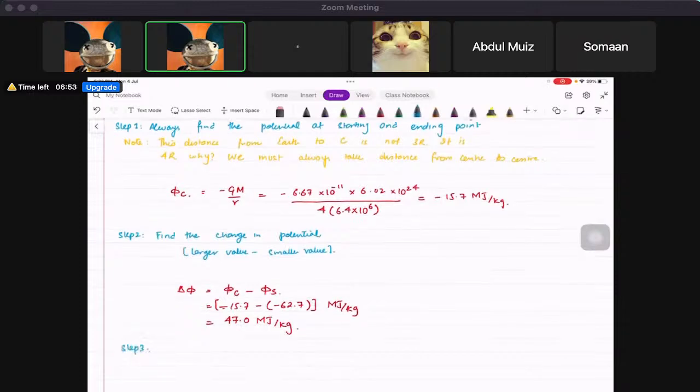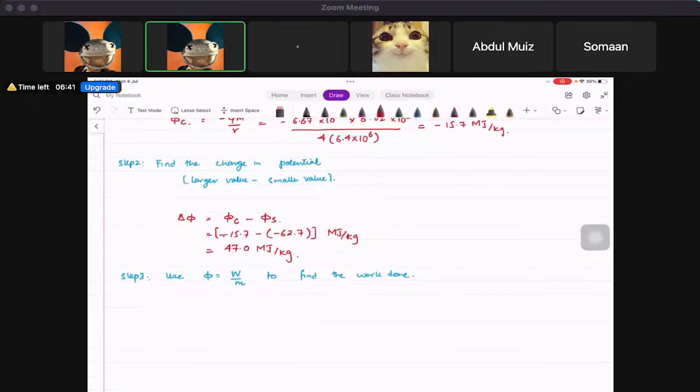Now the third step in this question is to use potential equals work done upon mass to find the work done. That's pretty simple, right? The potential is equal to work done upon mass. So to find the work done, it is the change in potential times mass.